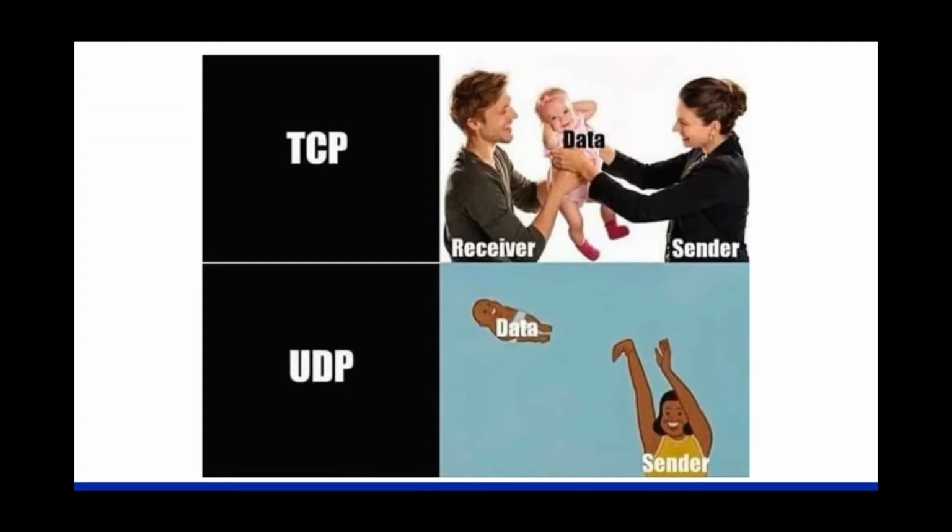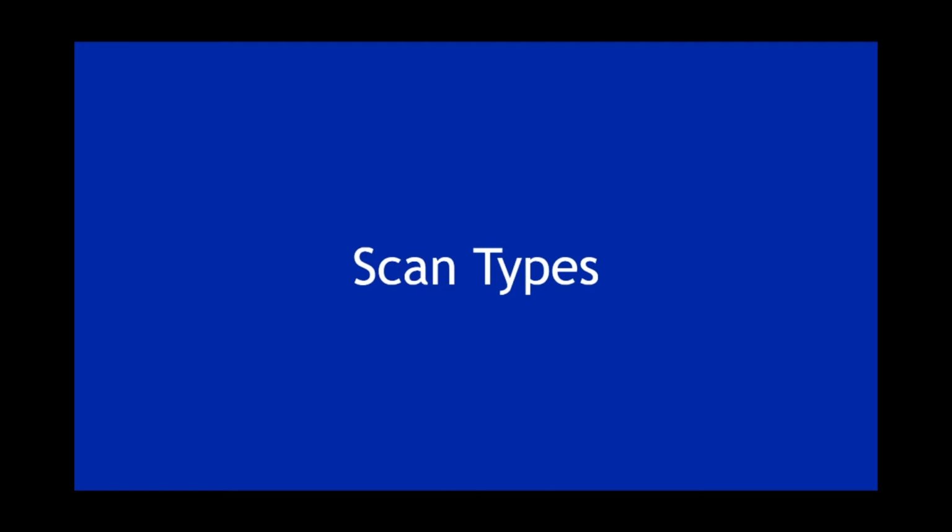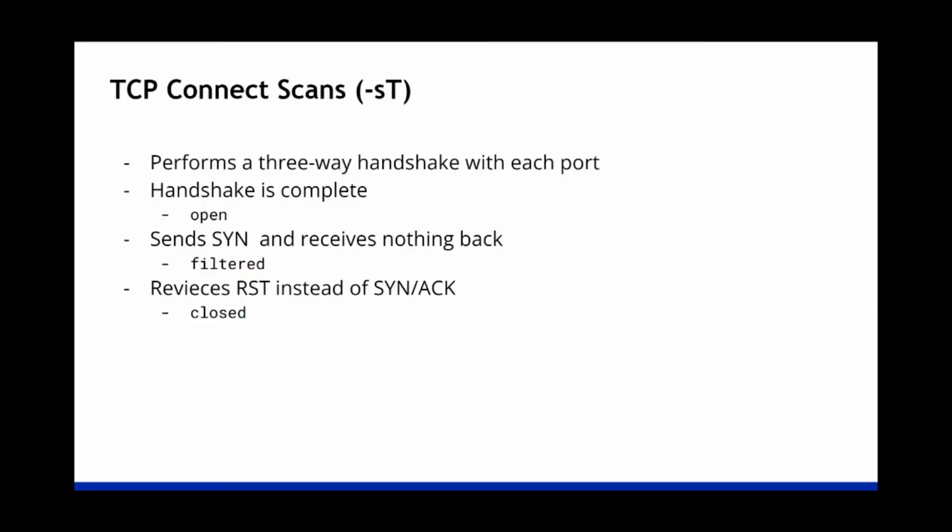All right. Based on those two protocols, we have three types of scan. We have a TCP Connect Scan, where Nmap is going to perform a 3-way handshake with each port that you specify.